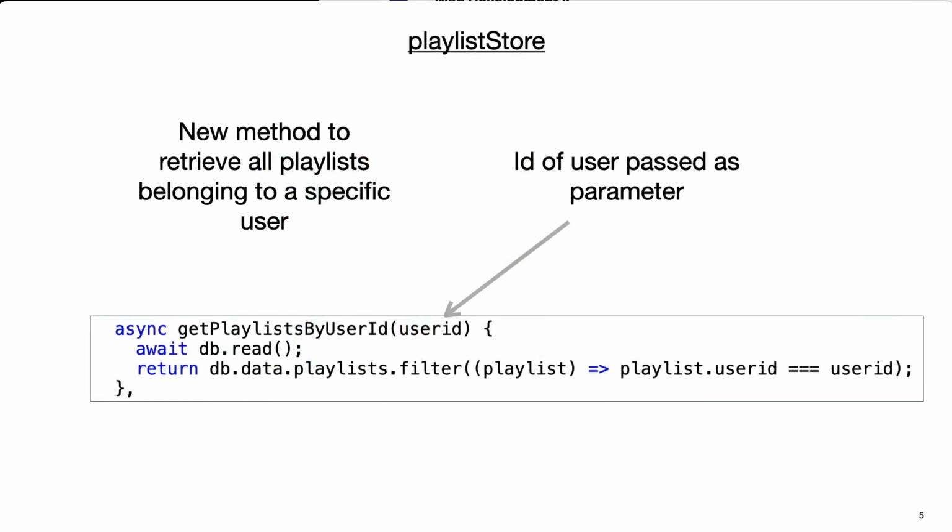So we're going to need a new method, get playlist by user ID. This will be a method we will use in the playlist store. You supply the ID of a user, and the method will recover the playlists that match this user ID. So we get back more than one playlist.